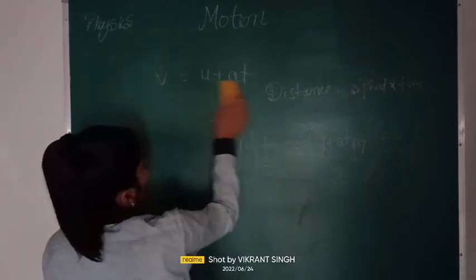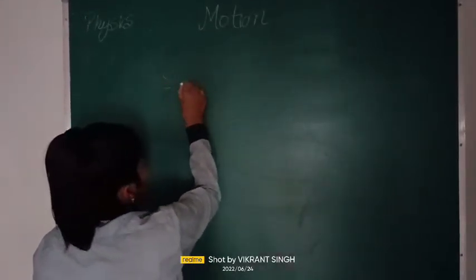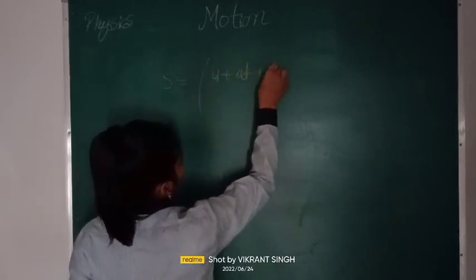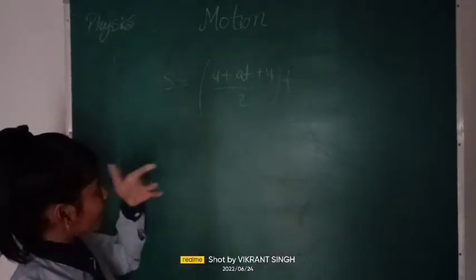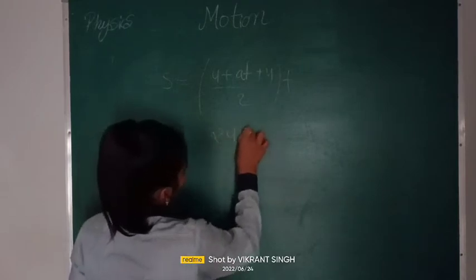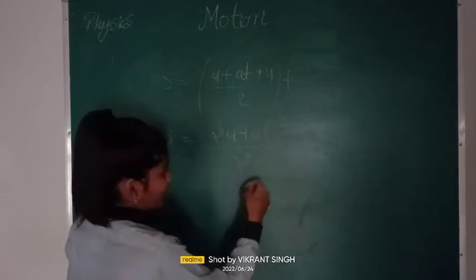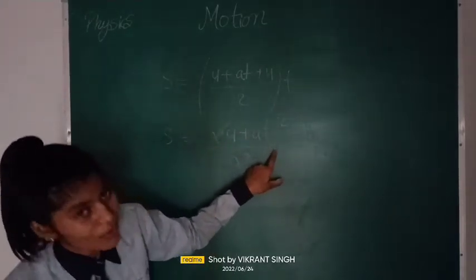So what we have found is that s equals u plus at plus u by 2 into t. So s equals 2u plus at square upon 2. 2 and 2 cancel, then we get s equals u plus at square.